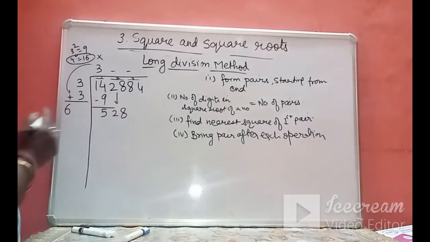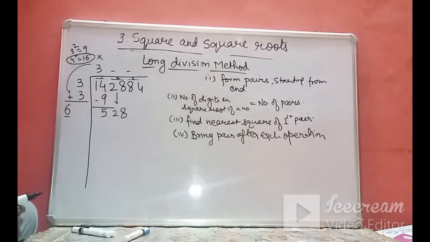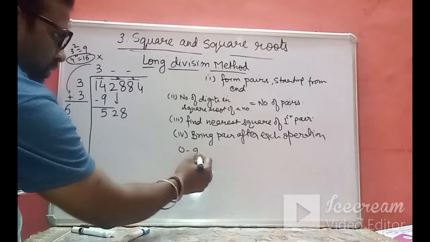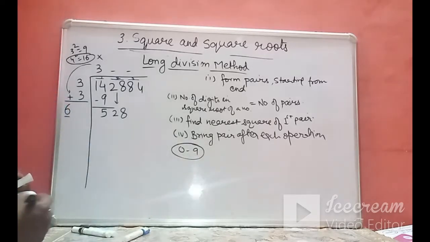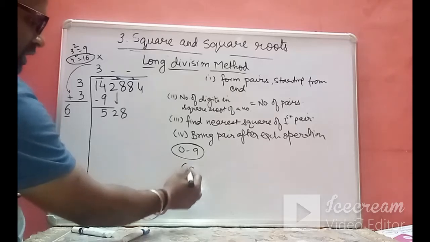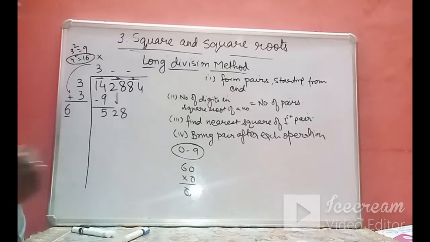Now this is 6. After 6 we have to put a digit such that whatever digit we put after 6, we multiply that number by that digit only. There are 10 digits, that is 0 to 9. Suppose I put 0 here, it becomes 60, and we multiply it by 0, so it becomes 0.